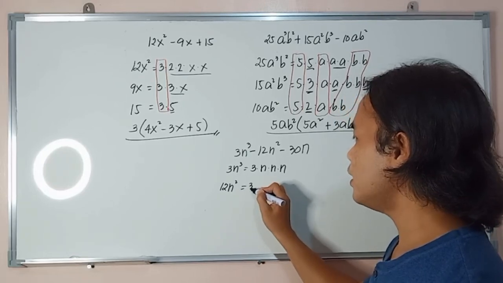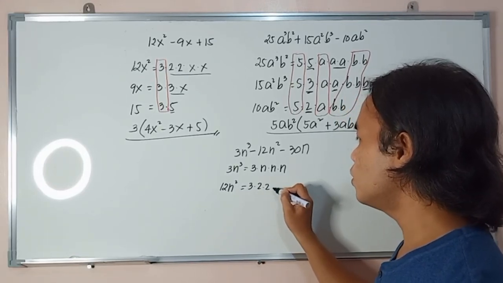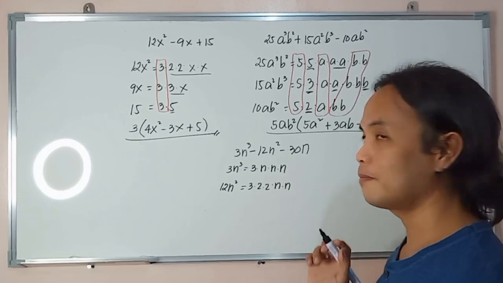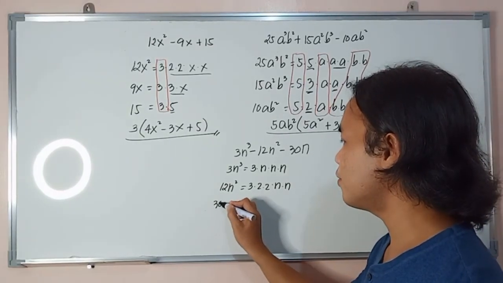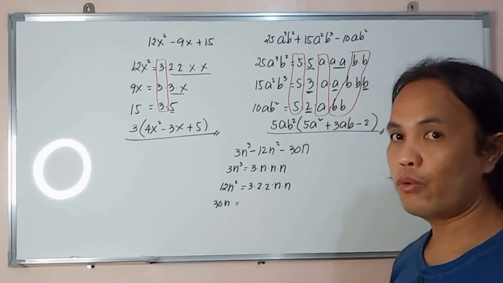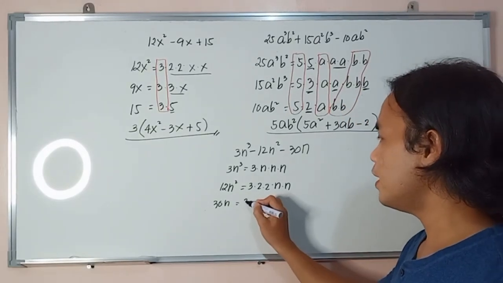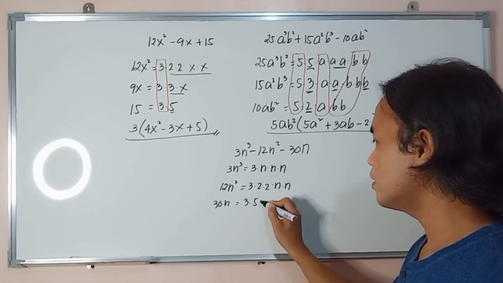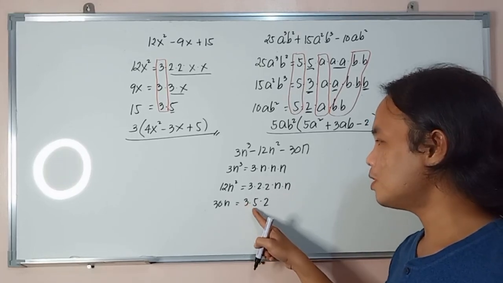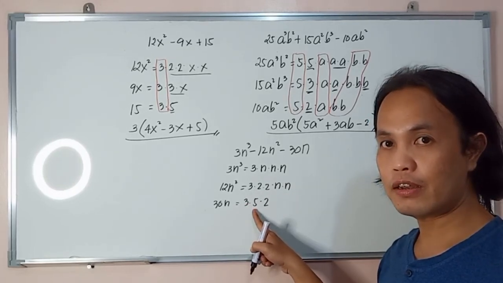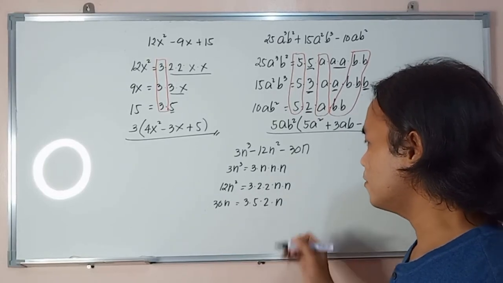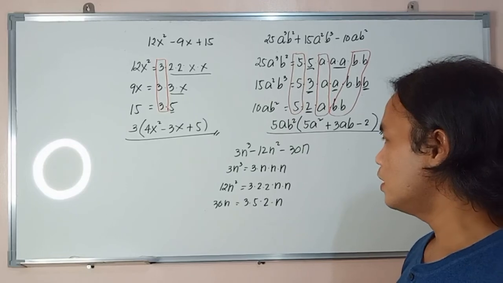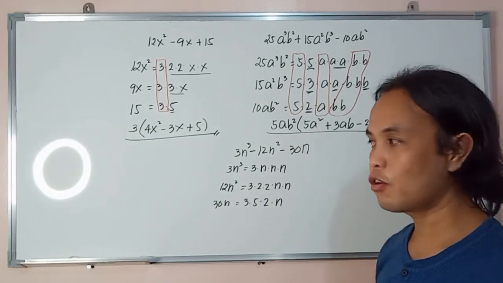So we can write 3 times 2 times 2 times n times n. Last term, 30n, so we can have 3 times 5 times 2. 3 times 5 is 15. 15 times 2 is 30. Then times n.